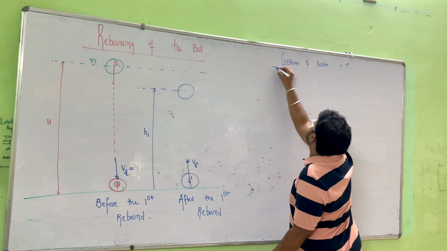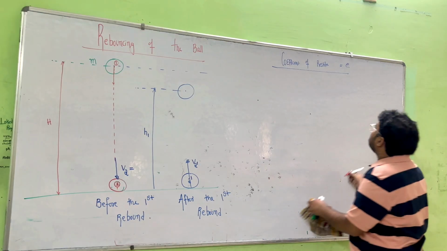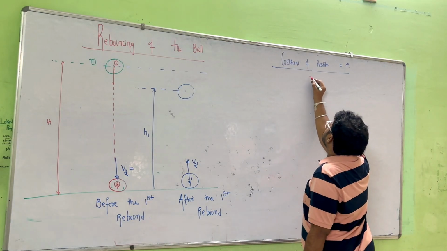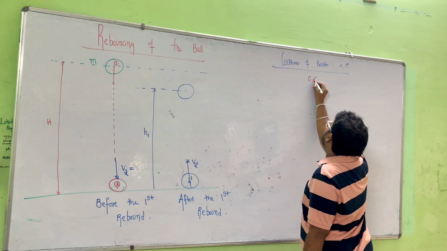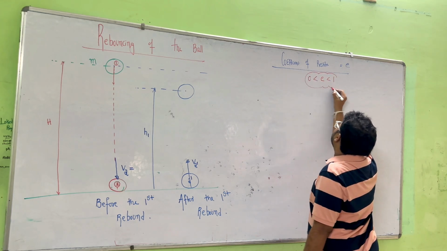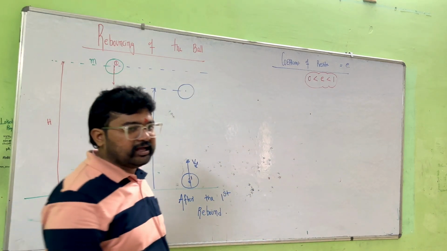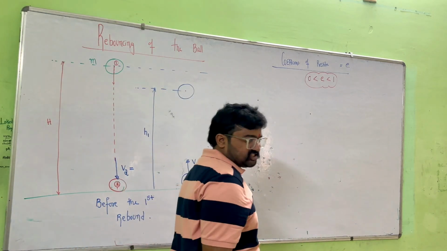That is e. Here e would be a fraction, 0 less than e less than 1, not equal to 1 and not equal to 0.